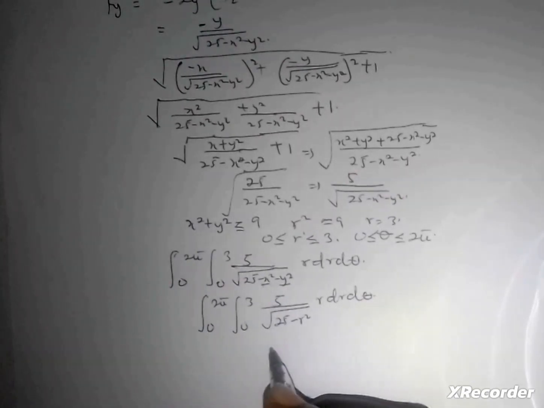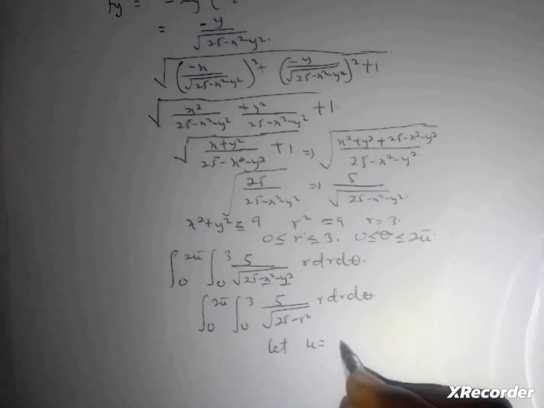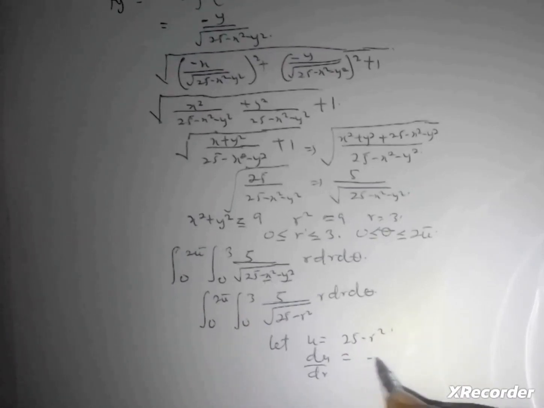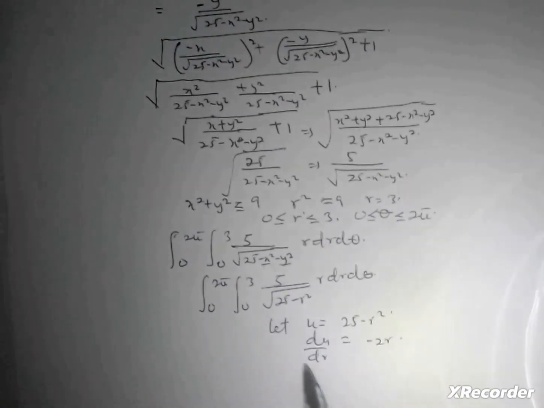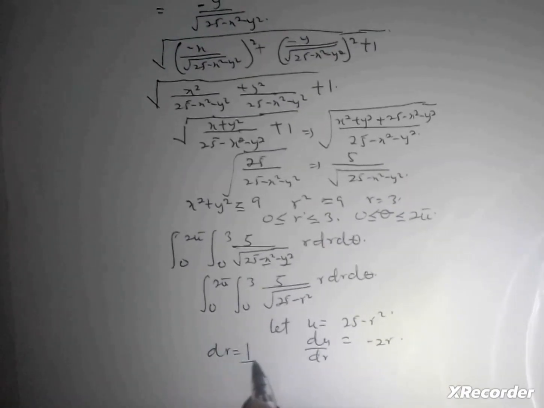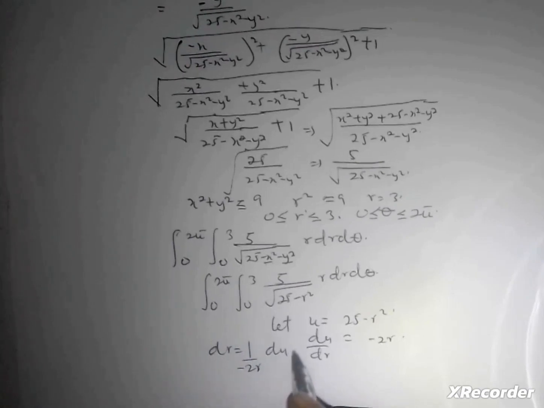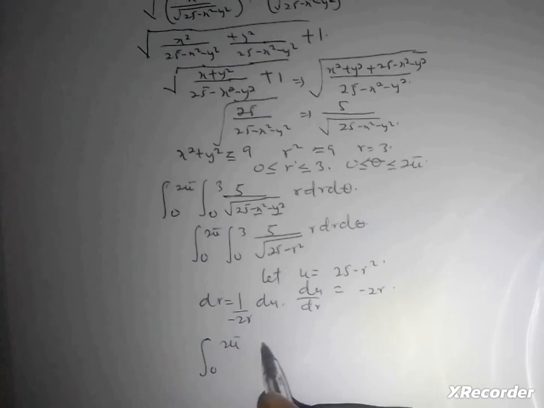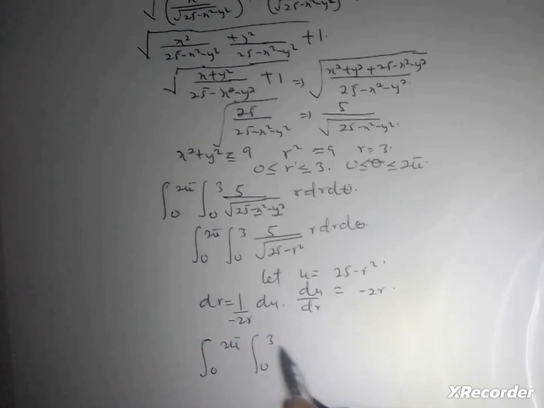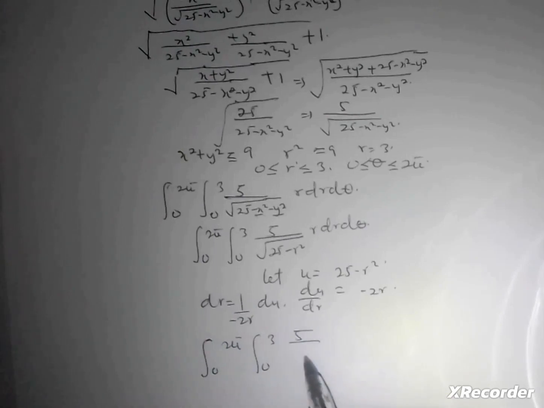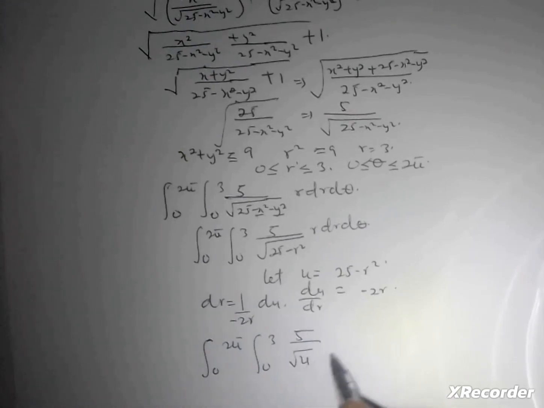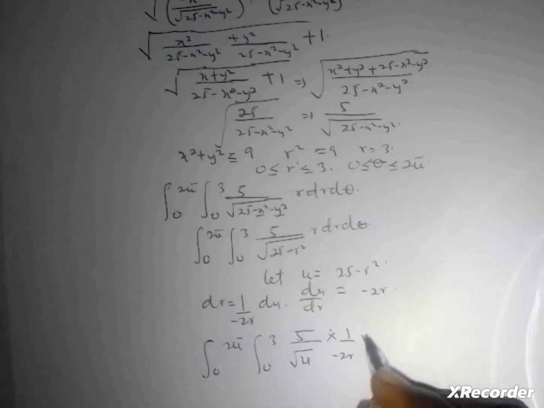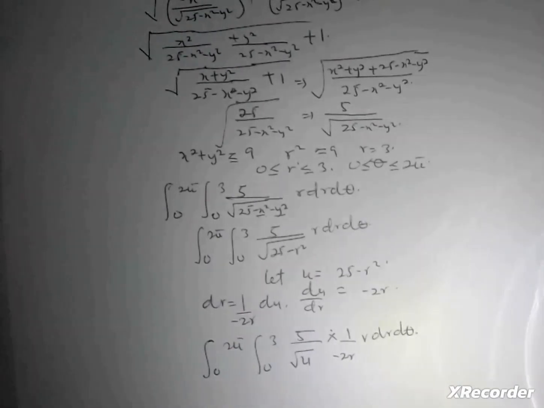So at this point, let u be equal to 25 minus r squared. The du over dr is simply negative 2r. Therefore, my dr is simply 1 over negative 2r du. Then I make my substitution. Integral 0 to 2 pi, then I'll have integral 0 to 3, 5 over root of u, multiplying 1 over negative 2r, r du d theta, right?